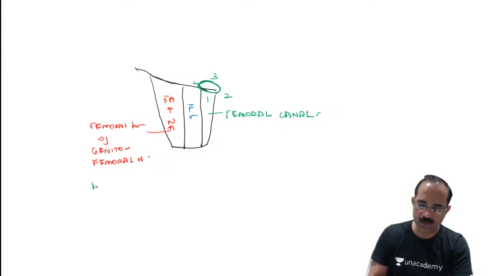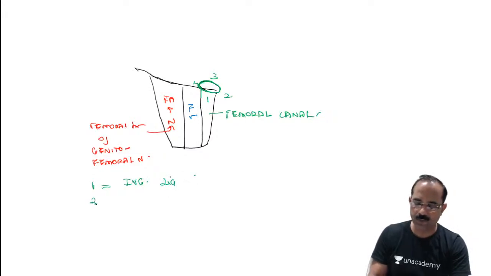I'll just mention this. The anterior boundary, number 1, is formed by the inguinal ligament. The medial boundary, number 2, is formed by the lacunar ligament.